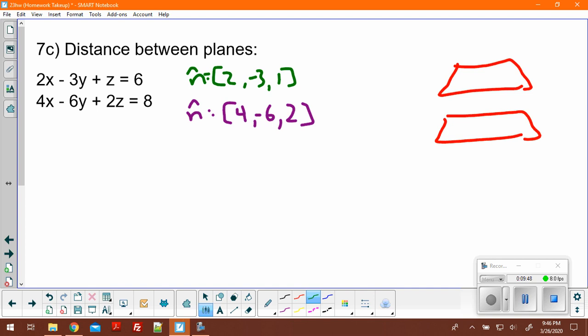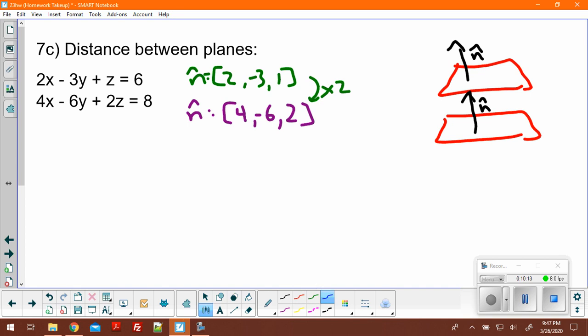The second one is the first one times 2. Just something bigger, same direction. So that implies that the two planes have to be parallel. So that's good. That means I already know what my common normal is.